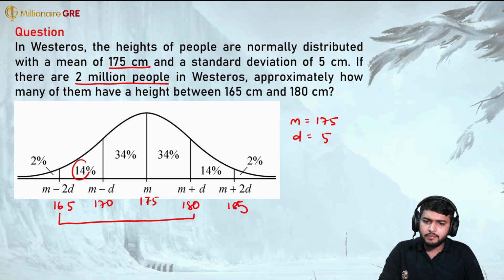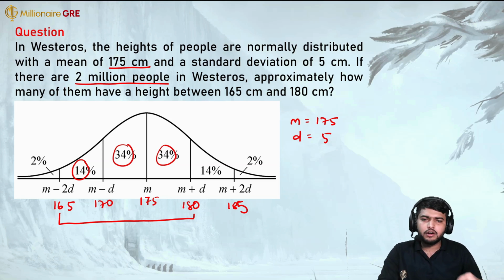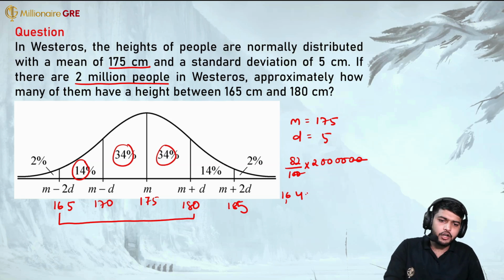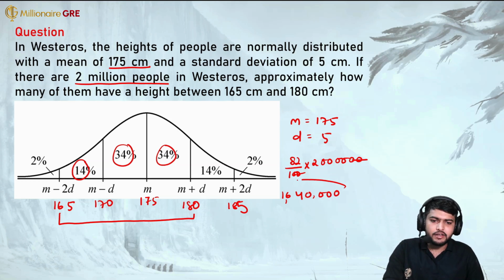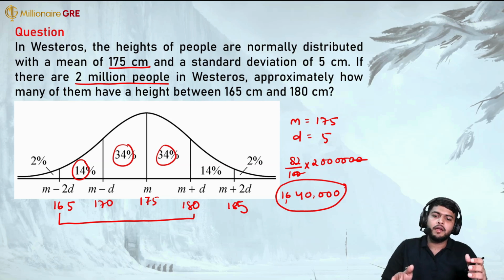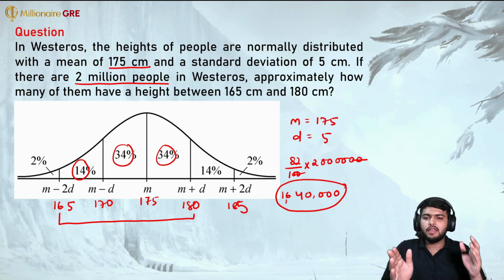Now if we add the percentages, 14, 34 and 34 gives us 82%. So 82% of 2 million. 2 million is 2 with 6 zeros. And that gives us 1,640,000. And that is the answer. Or you can say 1.6 million people have the height between 165 and 180.